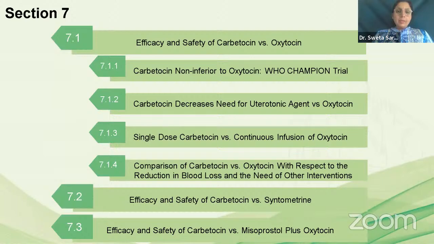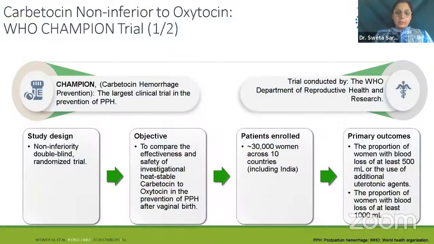Coming to the clinical evidence, these are the various studies. The main one is the Champion trial, which compared carbetocin with oxytocin, because oxytocin was the gold standard. It was a double-blind randomized trial, and the objective was to compare the effectiveness and safety of heat-stable carbetocin to oxytocin in the prevention of PPH after vaginal birth.